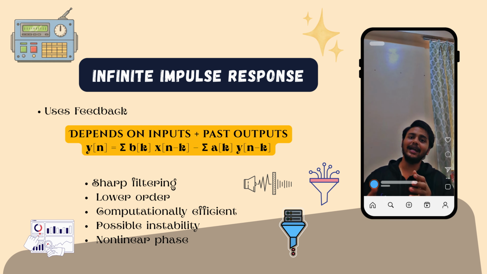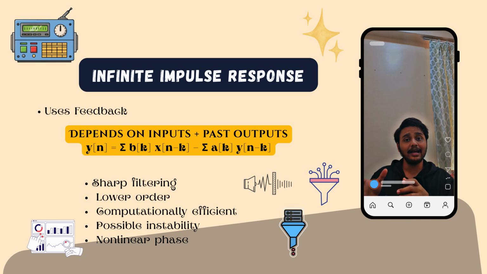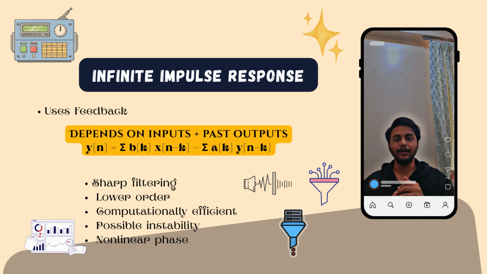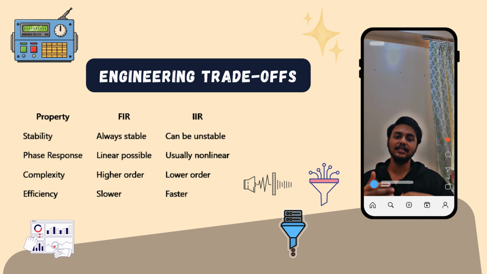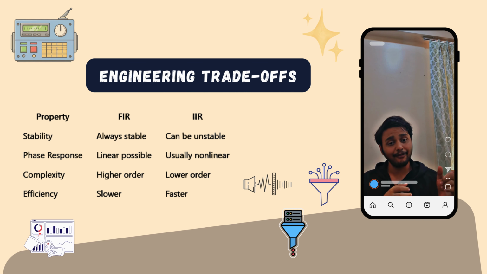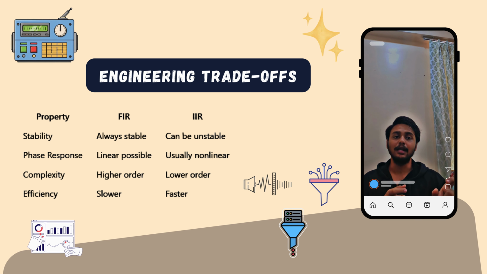Now let us look at the advantages of IIRs. IIRs are computationally efficient and they require low order. They also have faster roll-off between the signal and noise. But they may become unstable and typically do not have linear phase. Now let us look at the property of stability. FIRs are always going to be stable, whereas IIRs can sometimes be unstable.